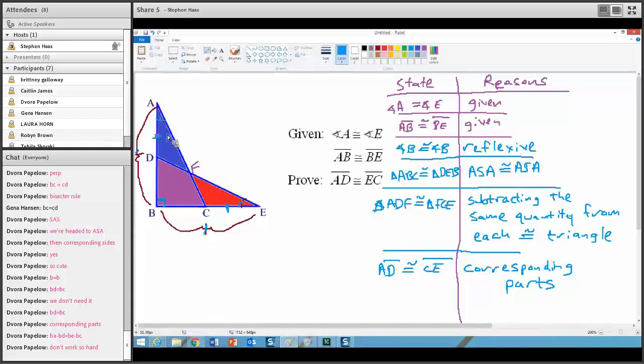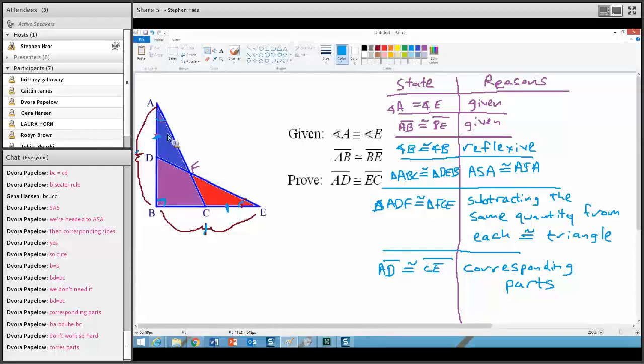Okay, Dvora, what was your way? You wanted BA minus BD and BE minus BC. But how did you know that BD is equal to BC? Corresponding parts doesn't give you BD and BC.